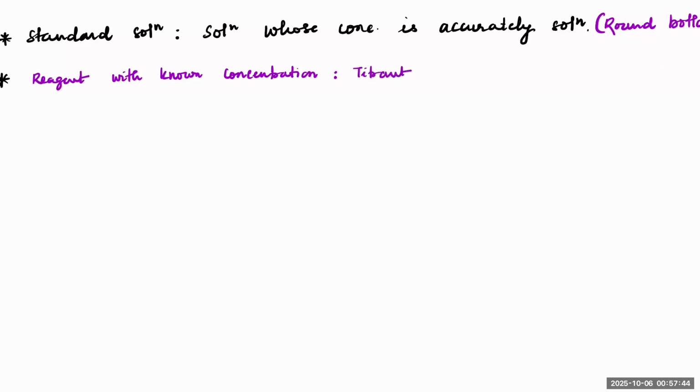And the reagent that needs to be estimated in concentration is called titrand. This is called titrand. Clear?